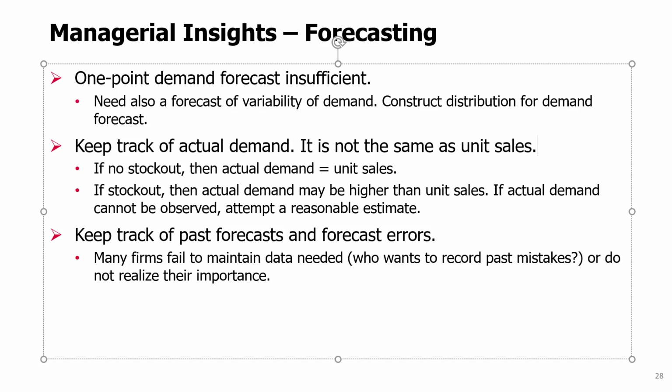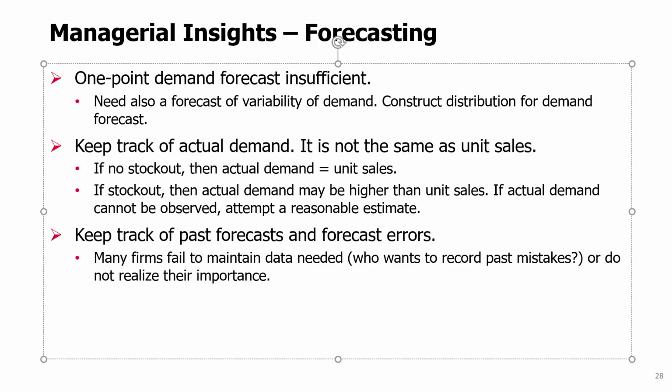But if I actually had a stock out, for example, if I order 1,000 units and my sales are also 1,000, what is the demand? Well, demand could be 1,000, but it could be much higher than 1,000 because maybe I experienced a stock out. So if a stock out occurs, then actual demand may be much higher than the unit sales.